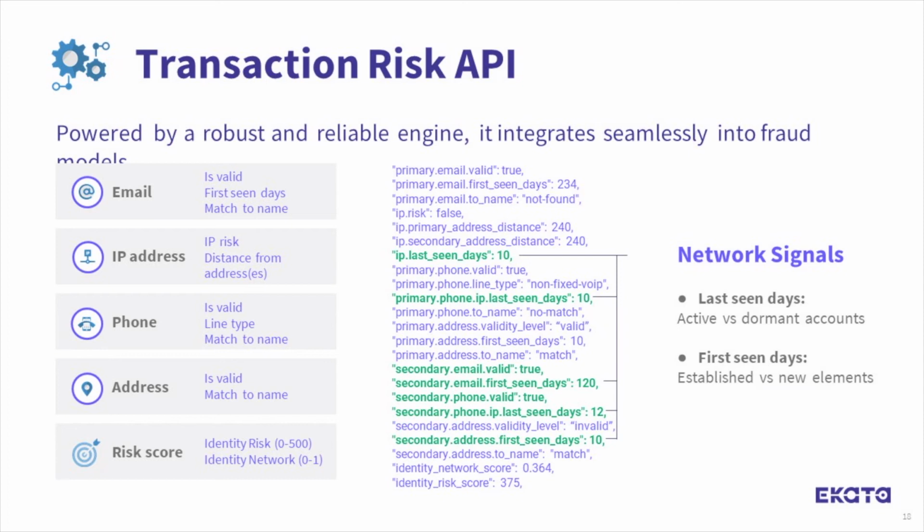My favorite one here is the pair combinations: when have you seen the phone and IP together in our network? That's one of the most predictive ones that we have released recently. There's a lot of information here, and our customers are deriving value from it.